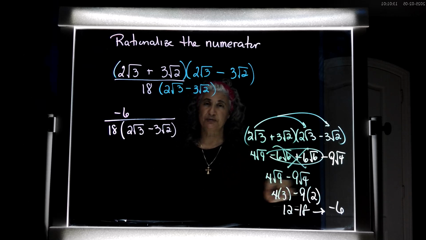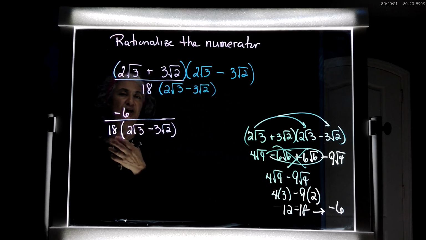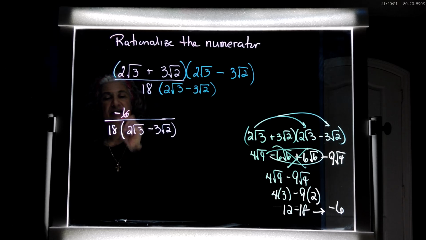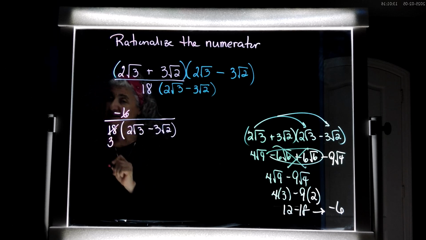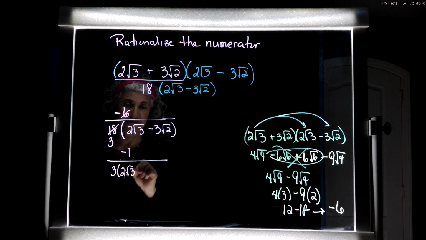I first did my multiplication, but do you notice I'm not distributing this 18 through yet? I wanted to see what I got in the numerator first, because I'm noticing I can reduce the 6 and the 18, which means I have a negative 1 over 3 times this parenthesis.